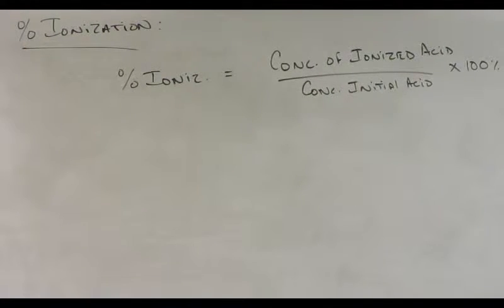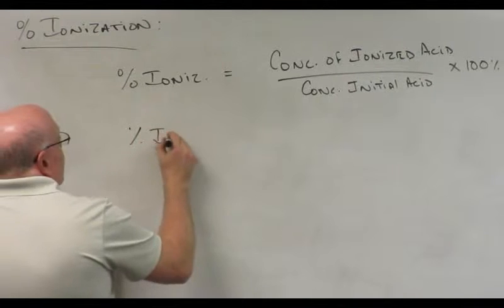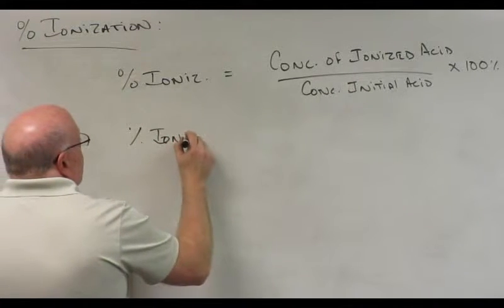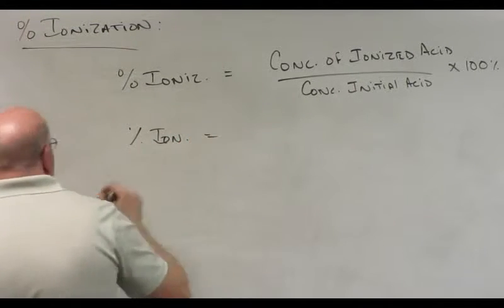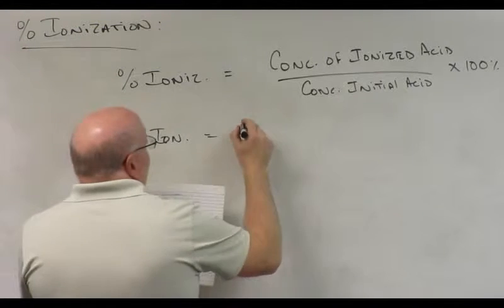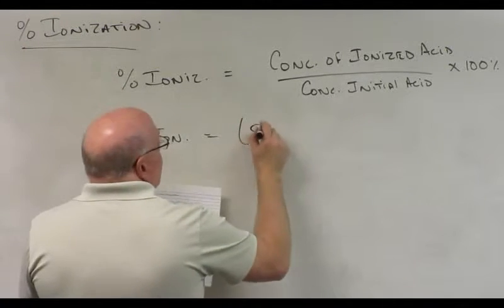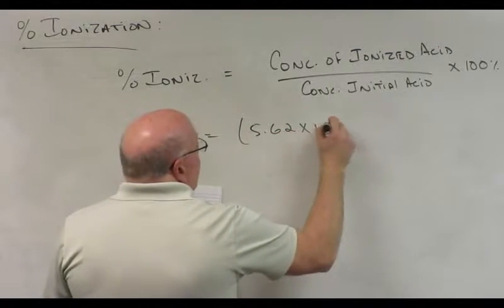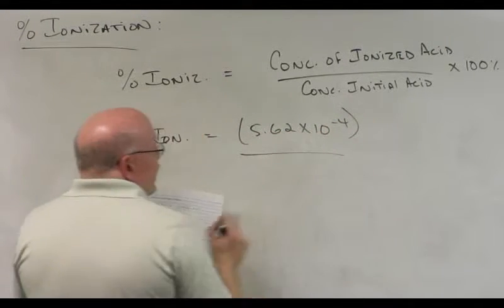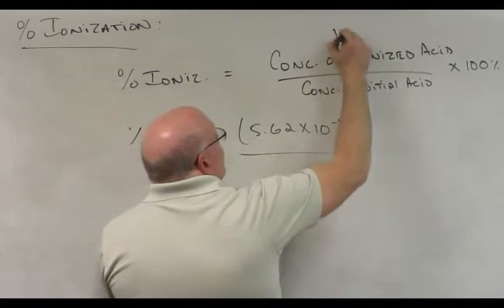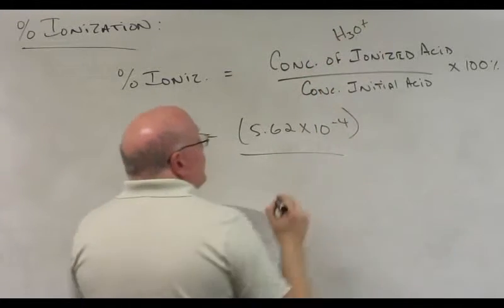For example, do this problem right here. Percent ionization: the concentration of the ionized is what you got out of your ice table. That is your 5.62 times 10 to the minus 4. That's how much ionized. You can also look at it as the H3O+ amount.